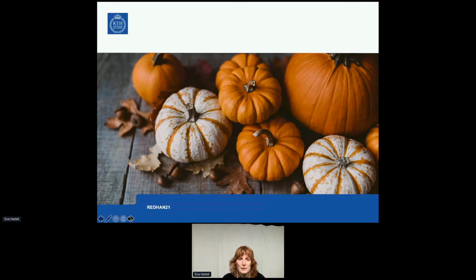But if we look at these pumpkins, you can see that the one on the top, to your top right corner, is larger. We can assume that that one is heavier than the small one in the middle, at the bottom. Perhaps one of the white colored pumpkins is heavier than the one in the middle, but perhaps it's less heavy than the larger one on top, in the top right corner.